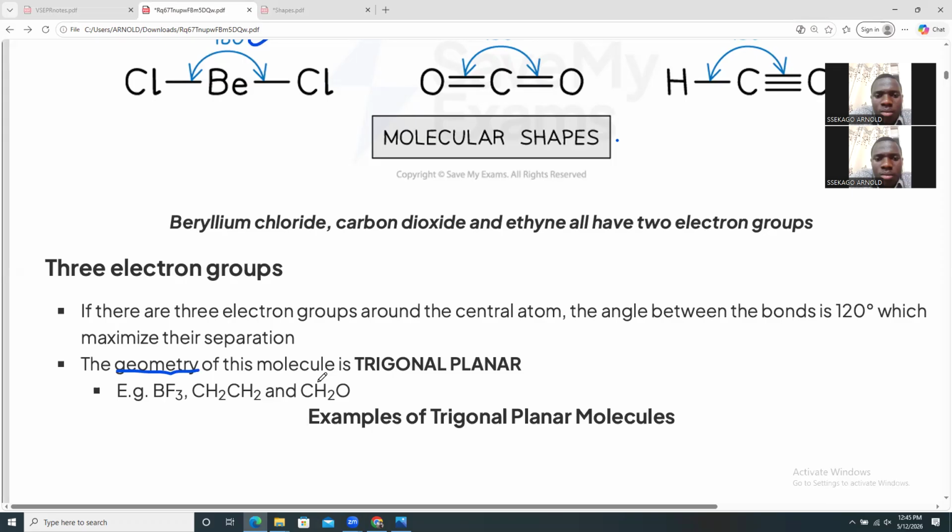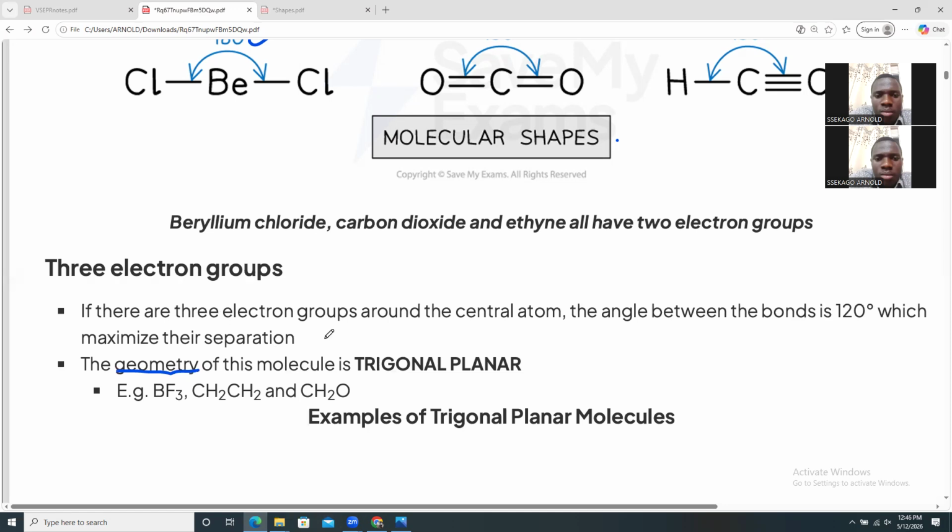Geometry, you are looking at the 3D structure, but shape, you are looking at how those atoms are situated.